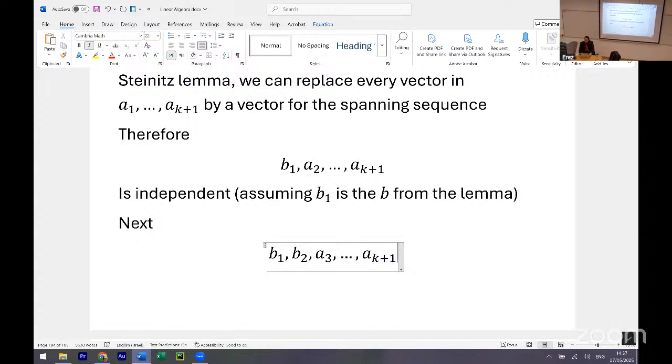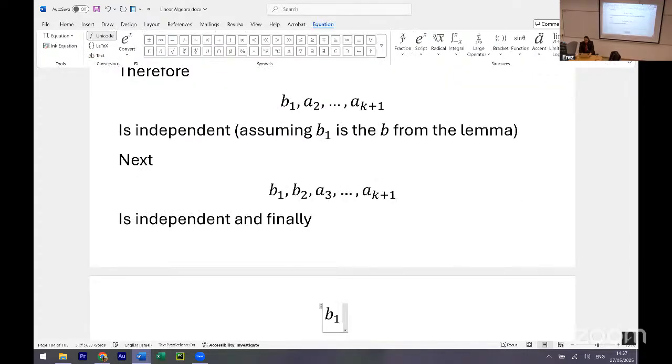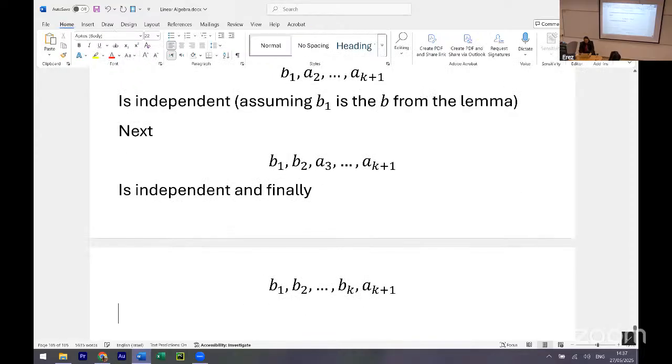AK is independent. And finally, we'll get B1, B2, ..., BK, A(k+1), independent. Does that make sense that this sequence is independent?